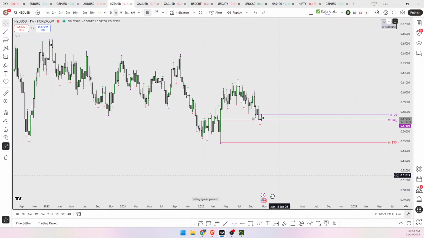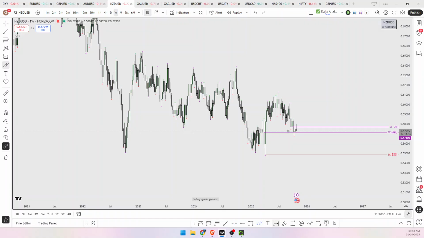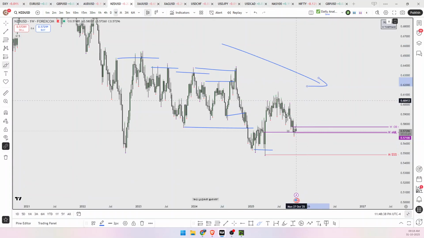But to get more info, you need to see the overall bigger picture. So here, if you are giving more attention to this weekly time frame, you can see highs are being respected in each leg, and lows are getting broken at each leg. So this symbolically indicates that price is in downtrend and this is nothing but a temporary consolidation.